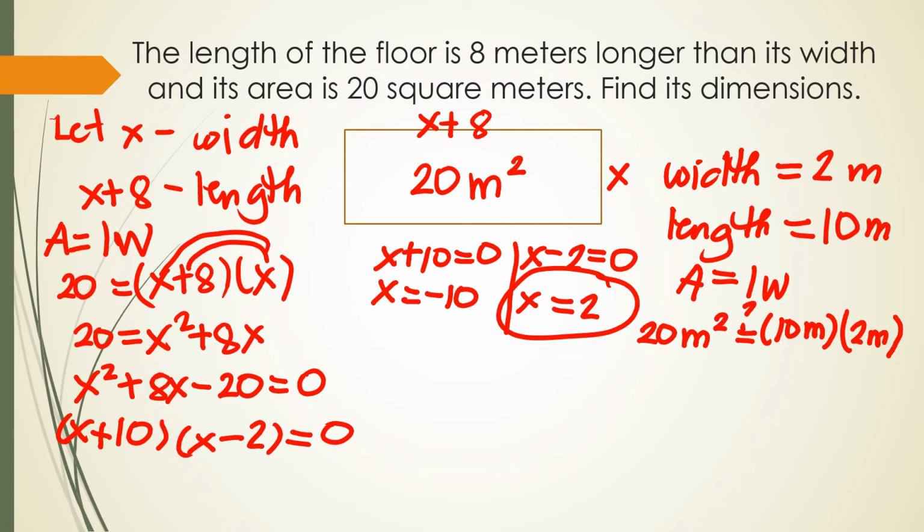Okay? So, 10 meters times 2 meters, that will become 20 square meters. So, 20 square meters is equal to 20 square meters. Did you get the solution? Very good.